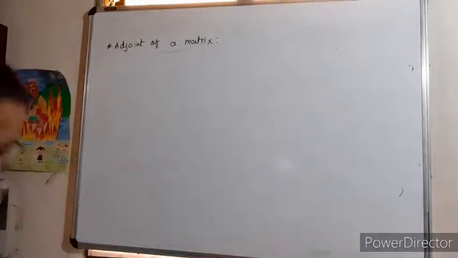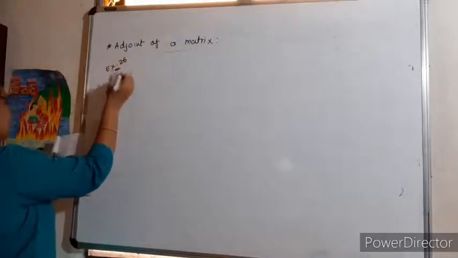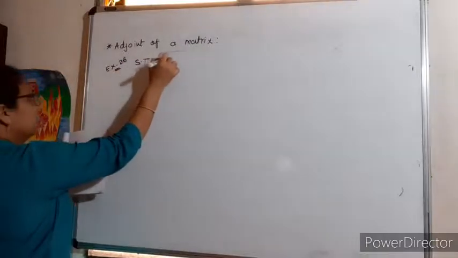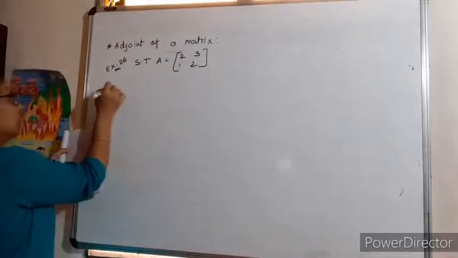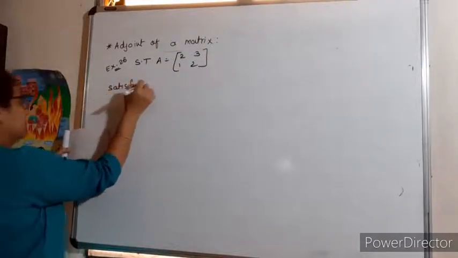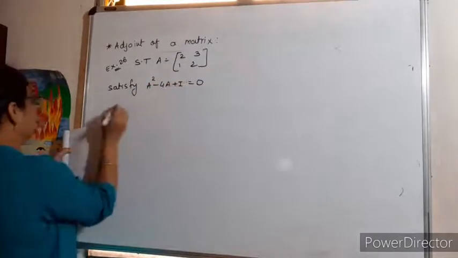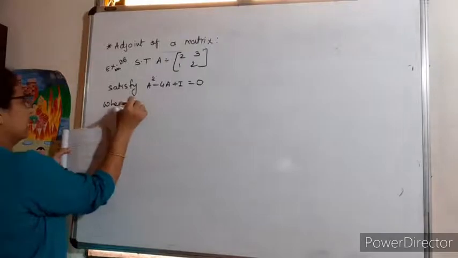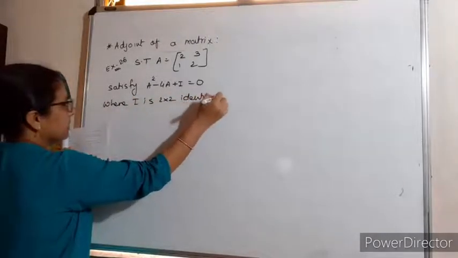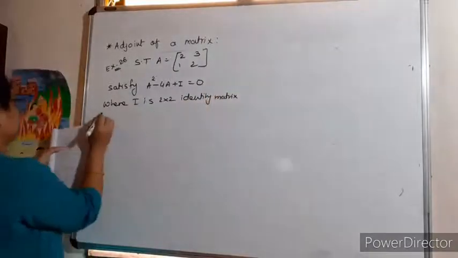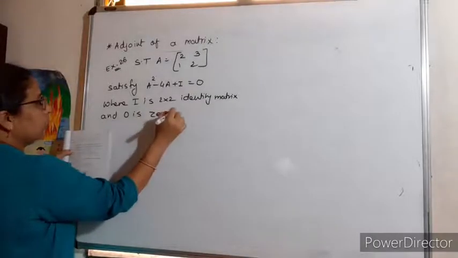Now example 26. Show that A = [2 3; 1 2] satisfies A square minus 4A plus I equal to 0, where I is the 2 cross 2 identity matrix and O is the 0 matrix.